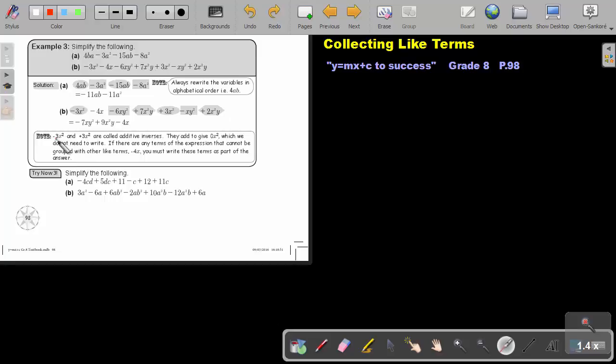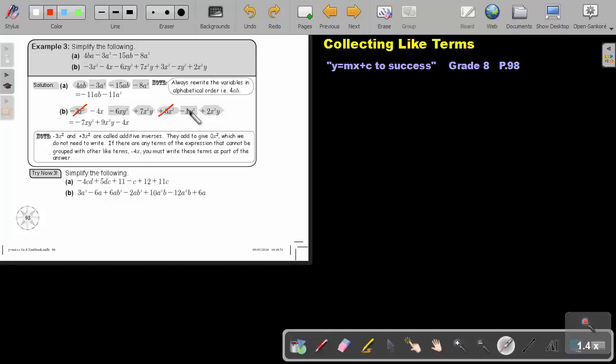Now, I want you to read here. Negative 3x squared and positive 3x squared are called additive inverses. They add to give 0x squared, which we do not need to write. So actually what we usually say is they cancel out, and we don't write it. So if you look at the next one, negative 6 and negative 1.